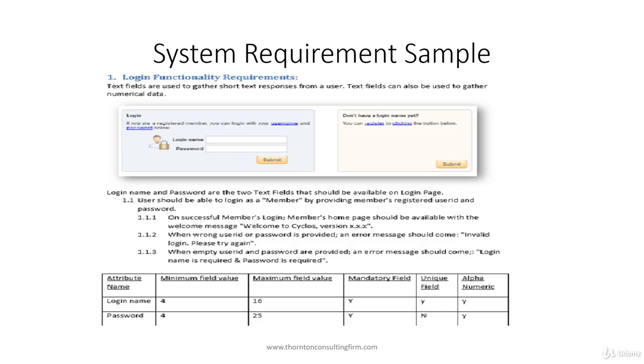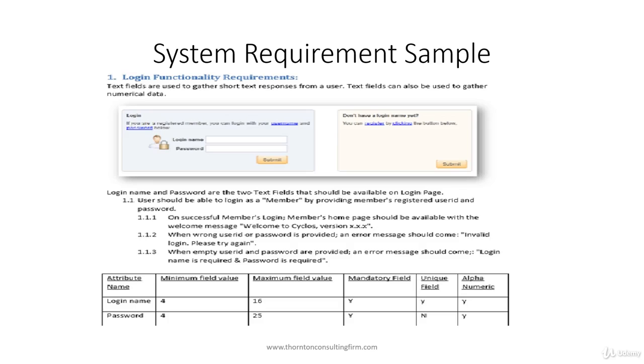And the message should state, invalid login, please try again. In requirement 1.1.3, when the user ID and/or the password field is not provided, the user should receive an error message that states login name is required and the password name is required.